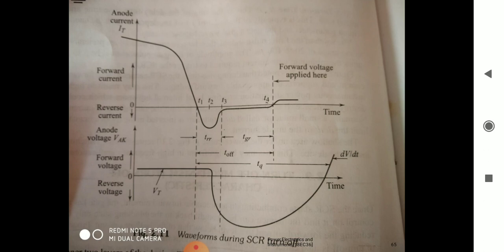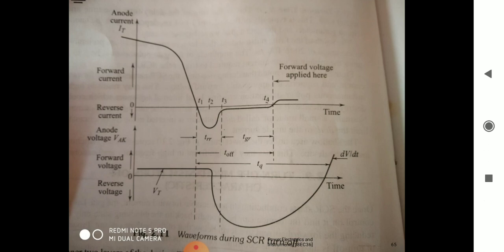As we know, once SCR starts conducting, the gate has no control over it to bring it back to forward blocking or off state. In the VI characteristics of SCR, by applying a gate pulse, when we apply the gate current, then SCR will start conducting without taking a large voltage.